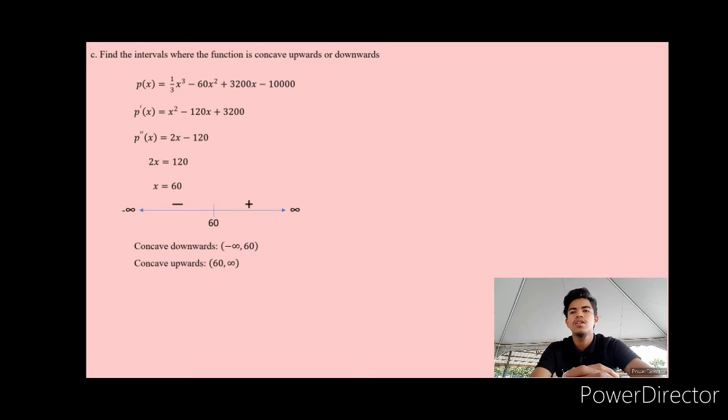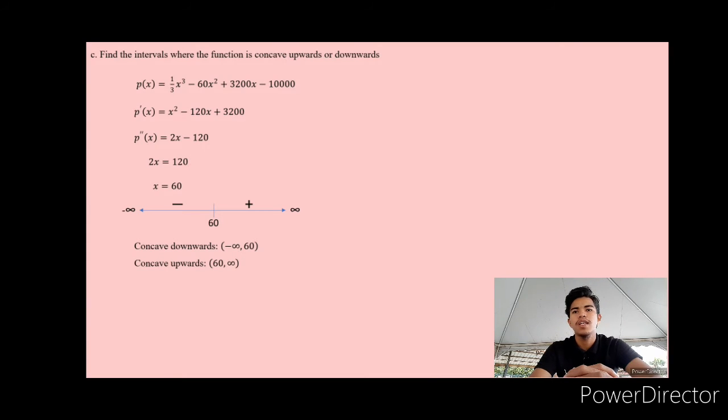For question C, find the intervals where the function is concave upwards and downwards. Here we use the same profit function. Then we use the first derivative and second derivative to get the value of x.